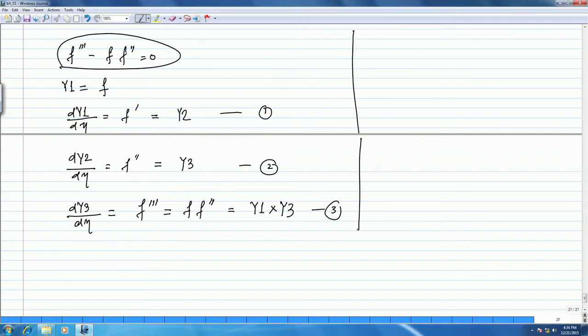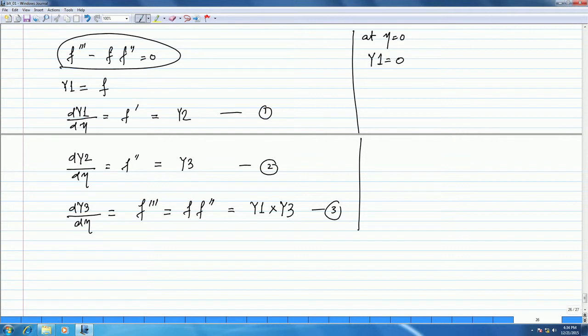Now again, let us look at the boundary conditions. At eta equal to 0, that is, at the wall, f is equal to 0, which means the function itself is 0, so y1 is 0. This y1, y2, y3 are the variables which I'm using in the computer code.